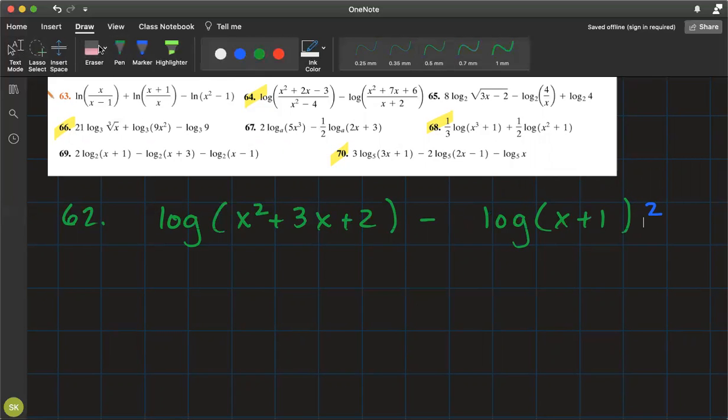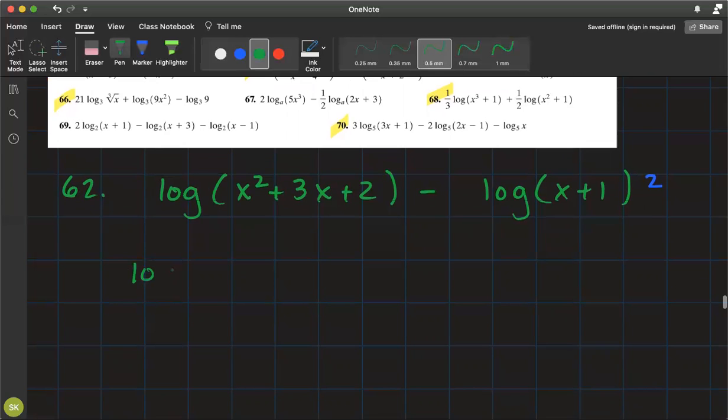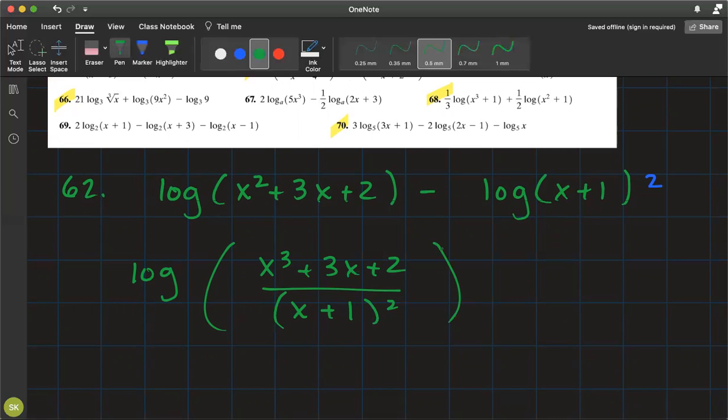And because I did that, now I can combine these. This is the same thing as log of x squared plus 3x plus 2 over x plus 1 squared. And I'm curious, can I actually simplify this a little bit more? What does the top factor into?